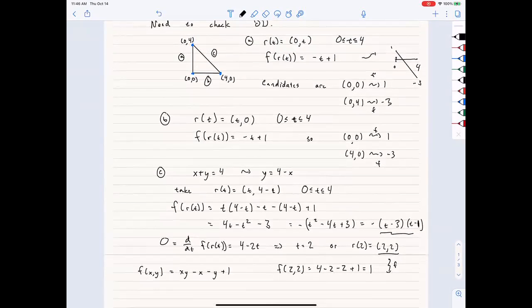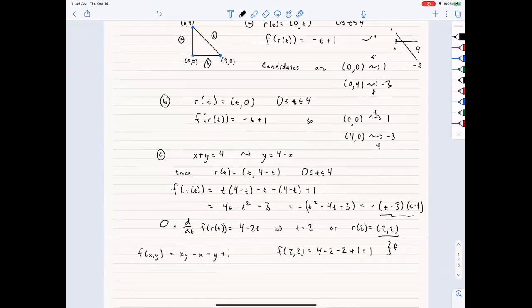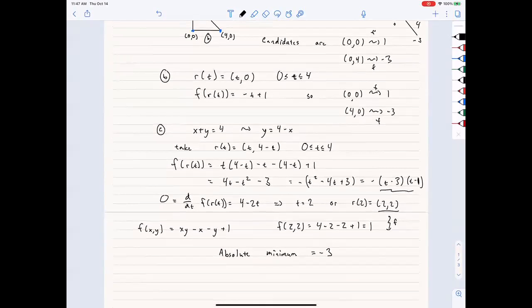So we have all of the possible candidates, and we can see that indeed the absolute minimum is 1. Sorry, is negative 3. And the absolute maximum is 1. And it does pay in applications to know where these are achieved.